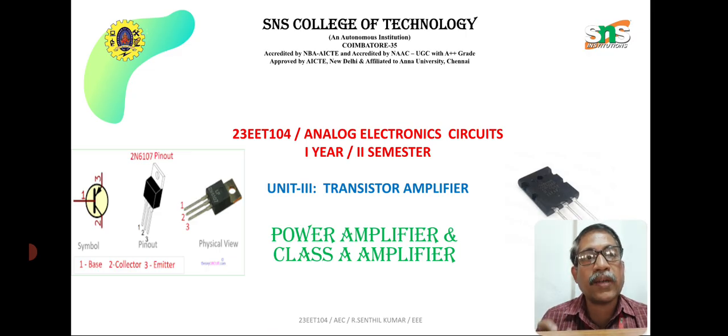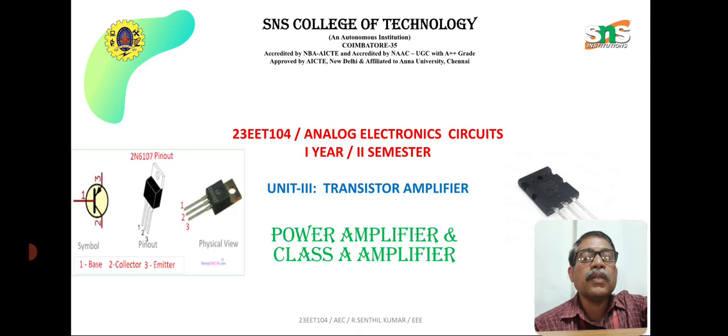For a transistor acting as an amplifier, it should be properly biased in the active region. The other two, the saturation and the cutoff region, are for a transistor acting as a switch. Whereas here the transistor is acting as an amplifier, therefore it should be properly biased to work in the active region.